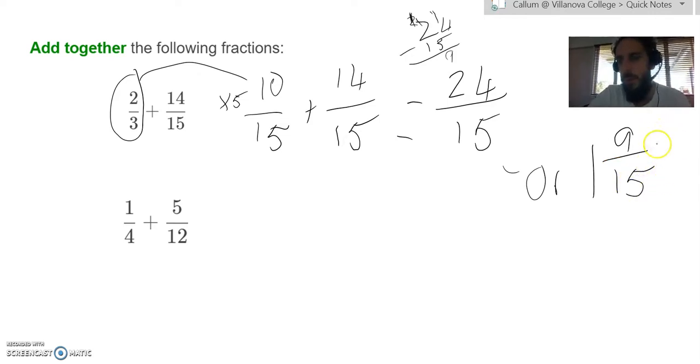So if I look at 9 and 15, I can actually simplify that a little bit because I know if I do 15 divided by 3, I'm going to get fifths. And if I do 9 divided by 3, then I'm going to get 3. So I can simplify 1 and 9/15 to 1 and 3/5 as well.